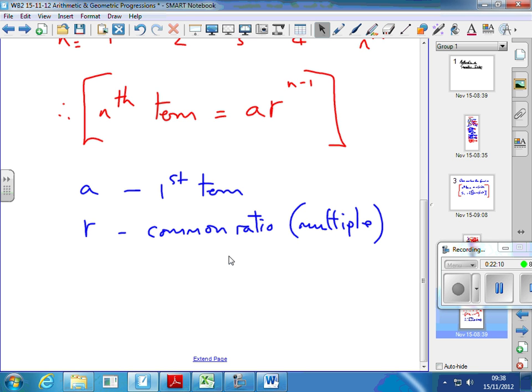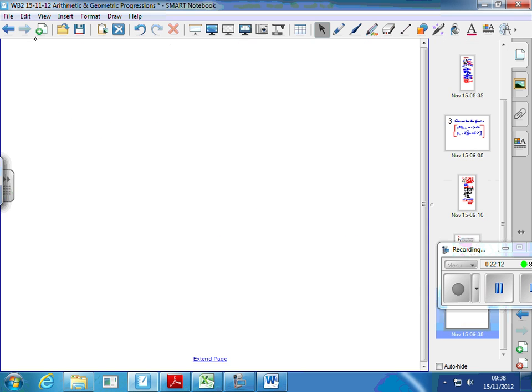For example, let's have a look at one or two. We start off with 14 and we multiply that by 1.1. What do we get? Calculator, please. So 14 plus 1.4 is 15.4, isn't it?